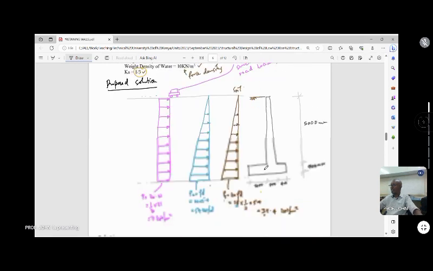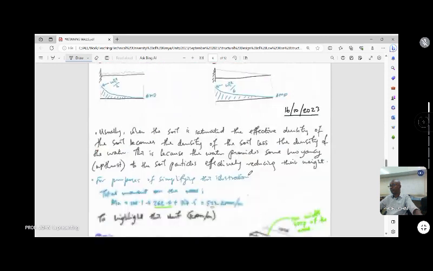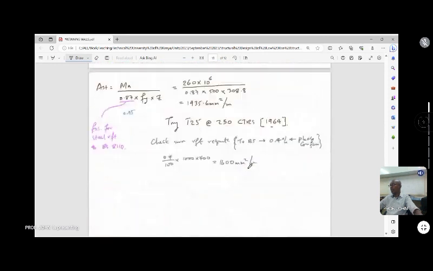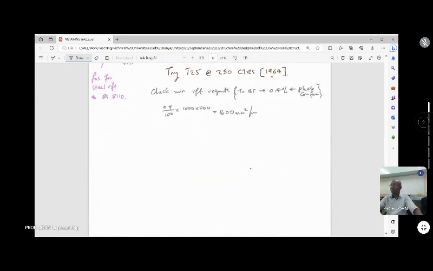Let's start with the sliding. We do this check and we proceed to something else.